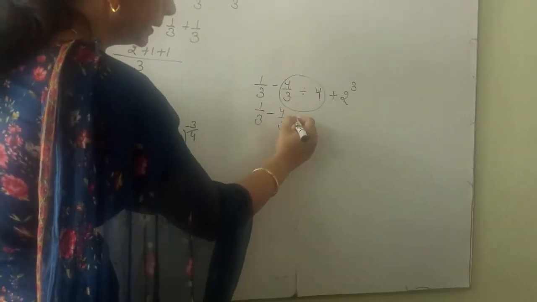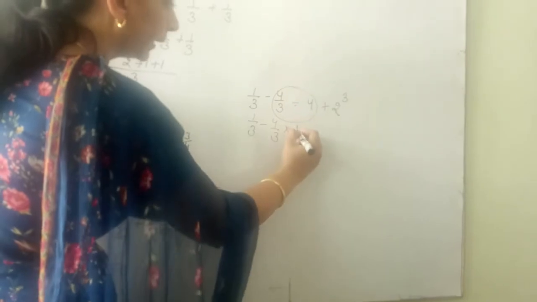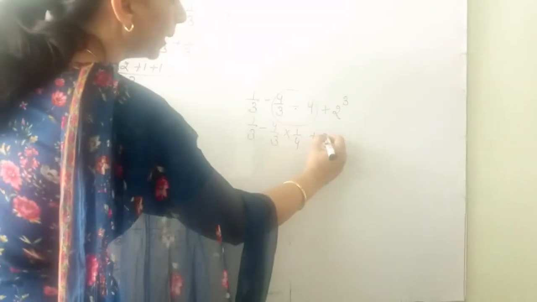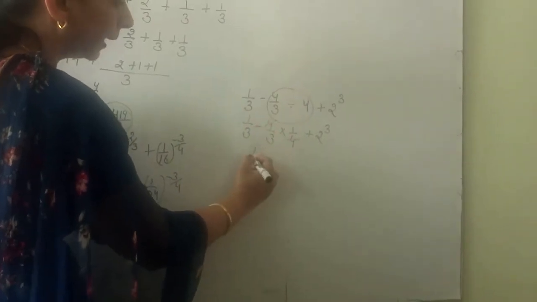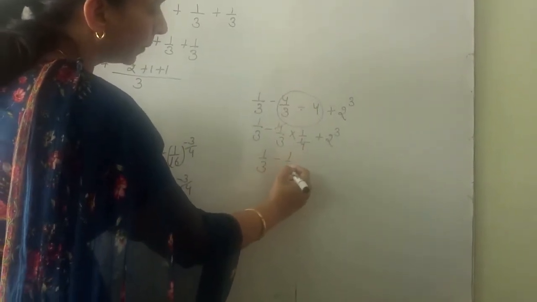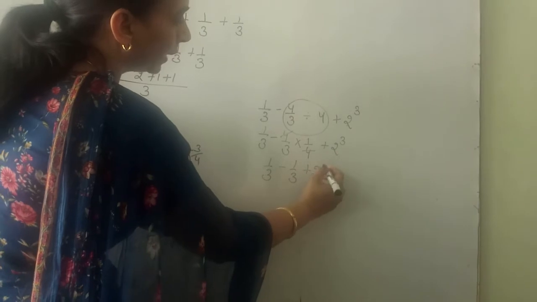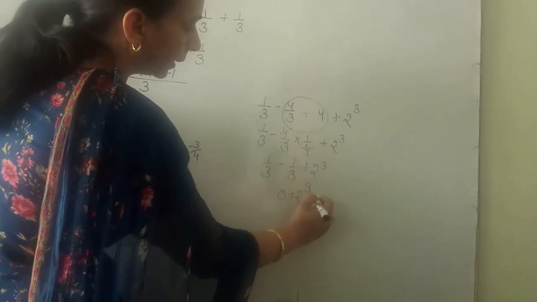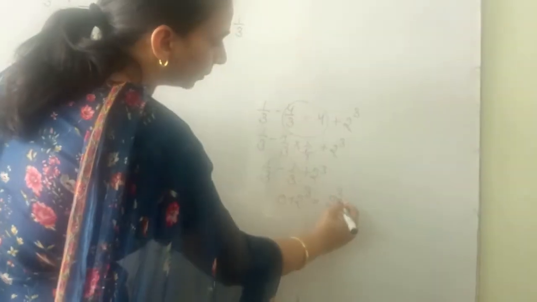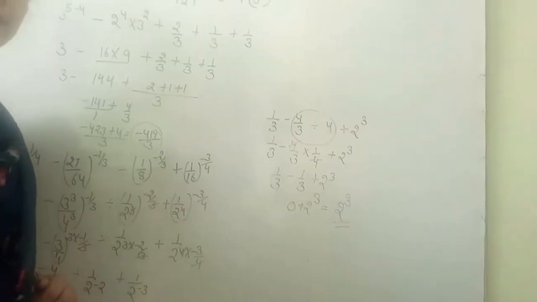In place of division we write multiply, so 1/4 plus 2 raised to the power 3, the 4 and 4 cancel. Then 1/3 minus 1/3 plus 2 raised to the power 3 equals 0 plus 2 raised to the power 3, and this equals 2 raised to the power 3. This is our answer. Okay.